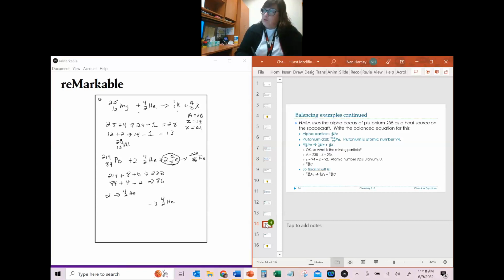And I do this from plutonium-238, which is Pu. Plutonium, once I find him on my periodic table, and he's down near the bottom because he's radioactive.